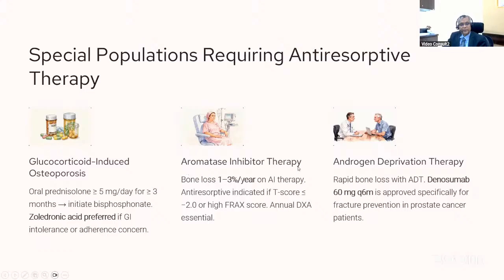Aromatase inhibitor therapy: bone loss of 1 to 3% on aromatase inhibitor therapy. Antiresorptive is indicated if the T-score is less than minus 2.0 or a high FRAX score, and an annual DEXA is essential. Androgen deprivation therapy: rapid bone loss, and denosumab is used. Mostly people with hypogonadism will do better, and it is approved specifically for fracture prevention in prostate cancer.